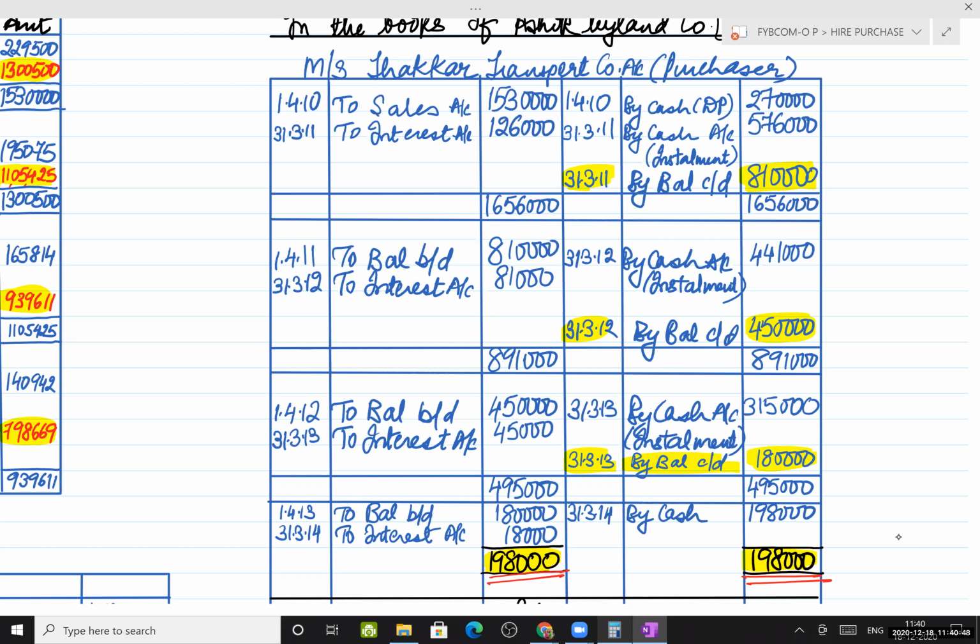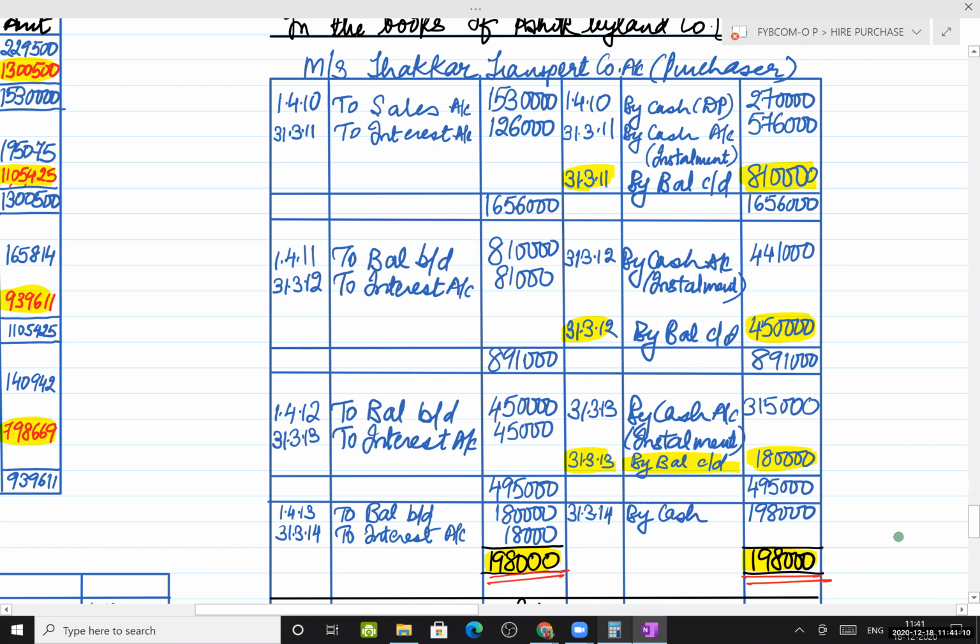Is it clear to everyone till here? The purchaser's perspective is also clear. From the point of view of the seller also, the journal entries and the ledger are clear. 8,10,000, 4,50,000, 1,80,000 and last is nil.